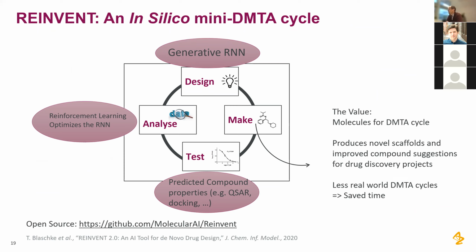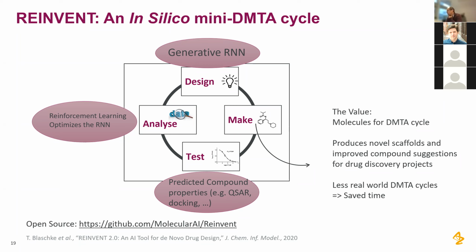And of course, it's in silico, so if the molecule is valid, we can directly put it to the test in various of the more standard computational chemistry methods. And then the analysis part is taken care of by the reinforcement learning that feeds back that kind of reward to the agent and starts to generate better molecules.